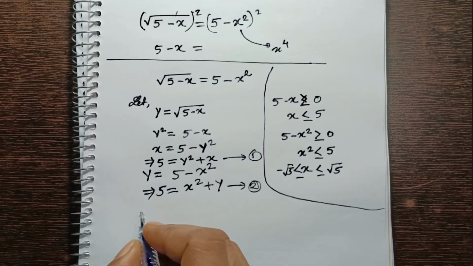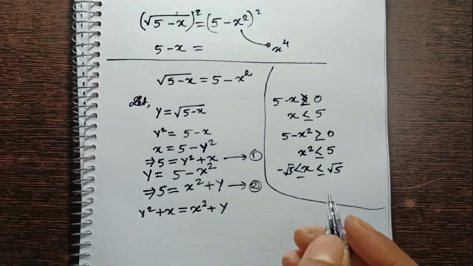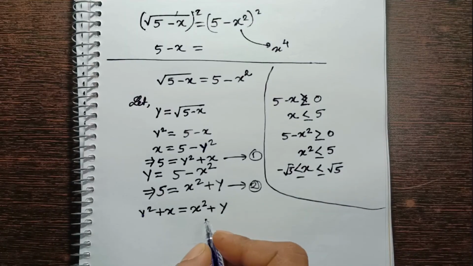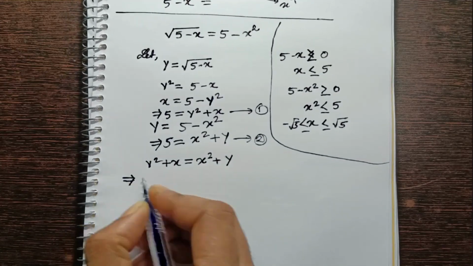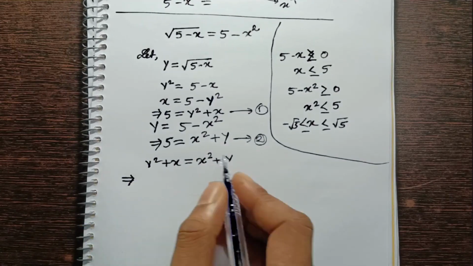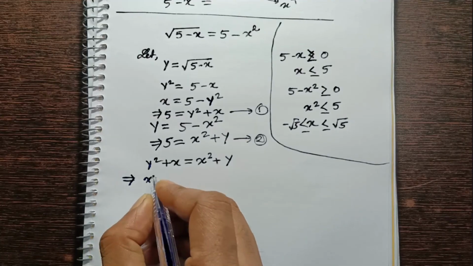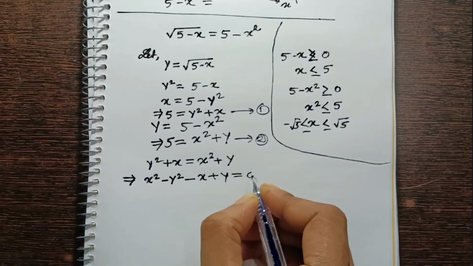So we write y squared plus x equals x squared plus y. And this is where the algebra gets fun, because now we can move everything to one side to try and factor it. So let's subtract y squared and x from both sides to set the whole thing to 0, which gives us x squared minus y squared minus x plus y equals 0.